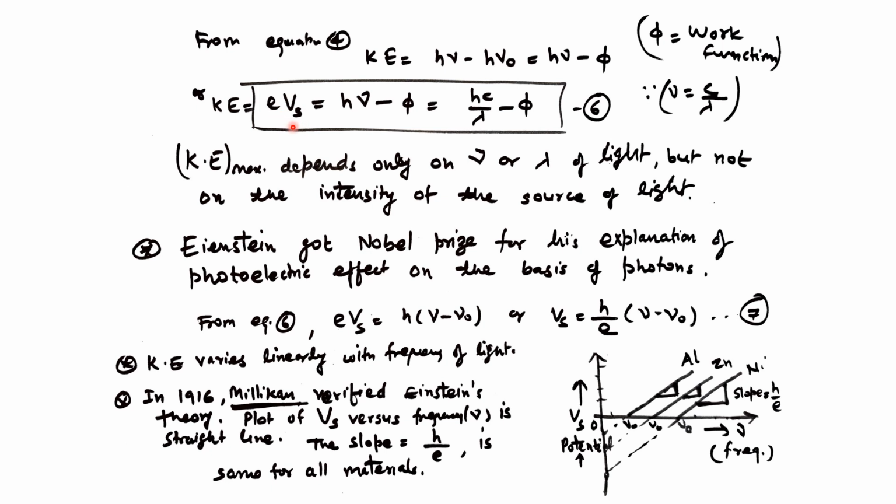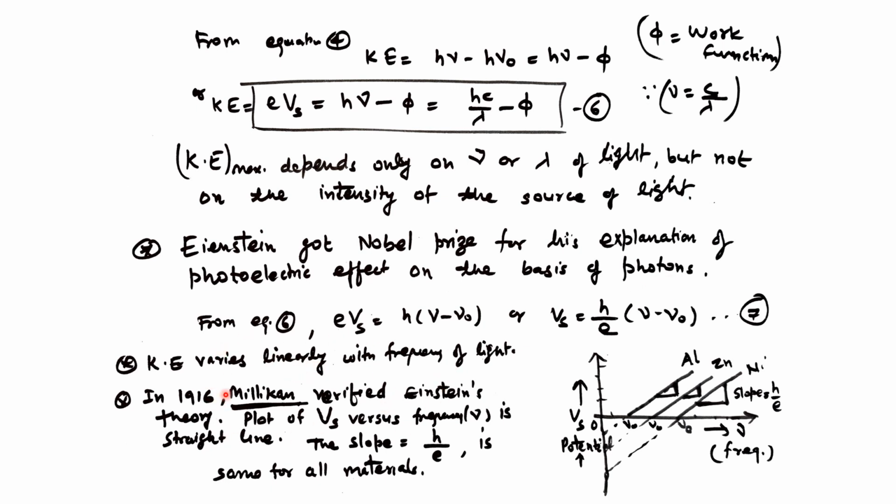So from here we can find e Vs equals hc by lambda minus phi, and we can see that the kinetic energy depends only on nu or lambda of the light, meaning frequency or wavelength of the light, but not on the intensity of the source of light. And for this explanation on the basis of photons, Einstein got the Nobel Prize.